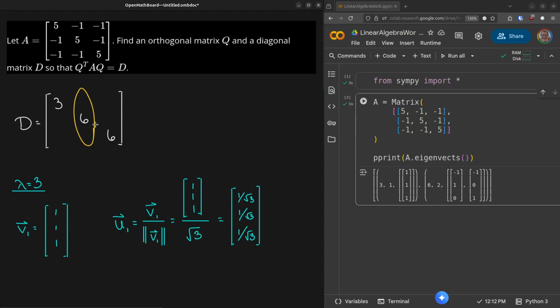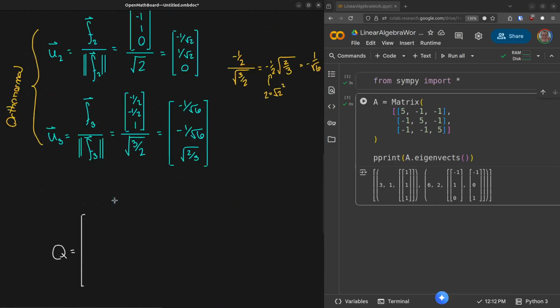And then the second and third columns of matrix Q will have to be orthonormal eigenvectors from the lambda equals 6 eigenspace, a basis from that eigenspace. All right, so lambda equals 3, we already found this guy, we've normalized it. 1 over root 3, 1 over root 3, 1 over root 3. That's going to be my first column for matrix Q.